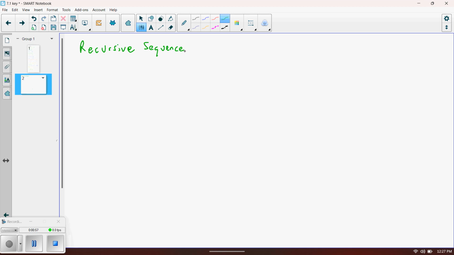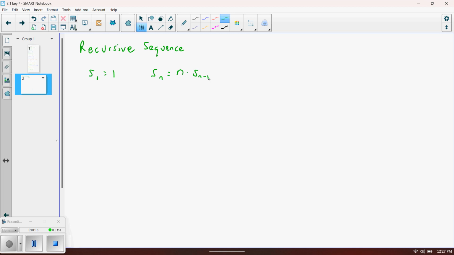For example, if I tell you that s of 1 is 1, and I am trying to find the sequence based upon that, where s sub n is defined to be n times s sub n minus 1.